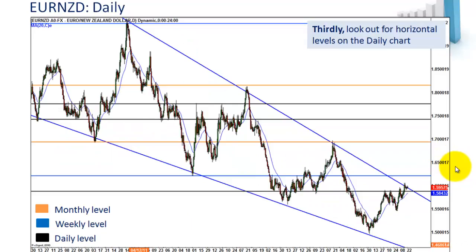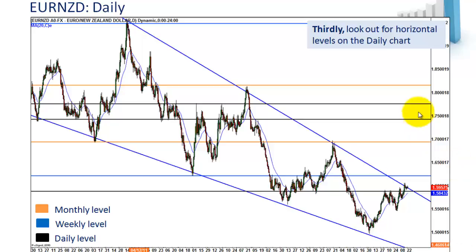And third and foremost, we've got the daily. As we've already got the monthly and the weekly levels drawn for us, it makes our life nice and easy. We're able to draw on the daily levels, enabling us to conclude our market map and the levels where we can anticipate price action to turn.